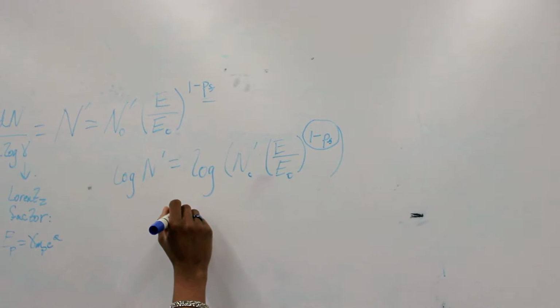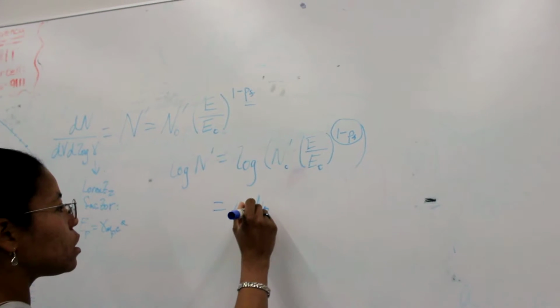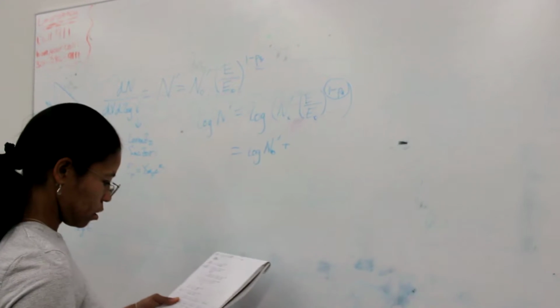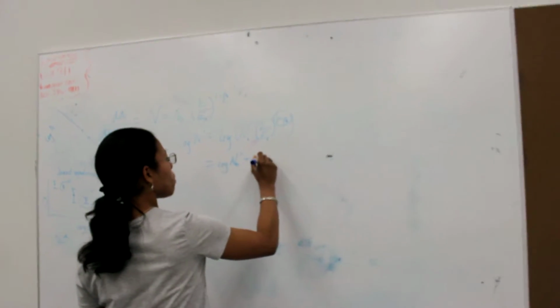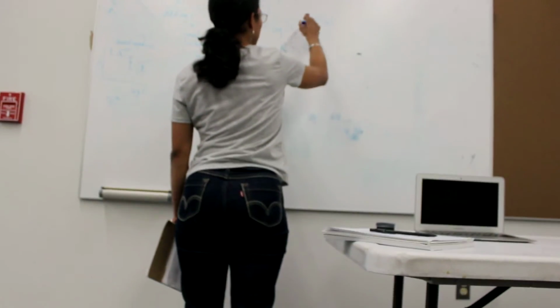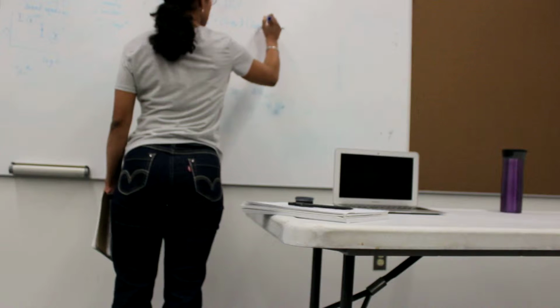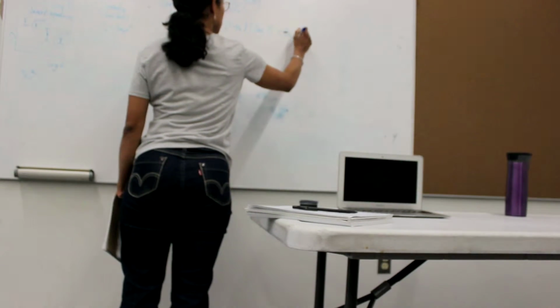This becomes log of n naught prime plus the log of E over E naught times 1 minus pf, which becomes log E minus log E naught.